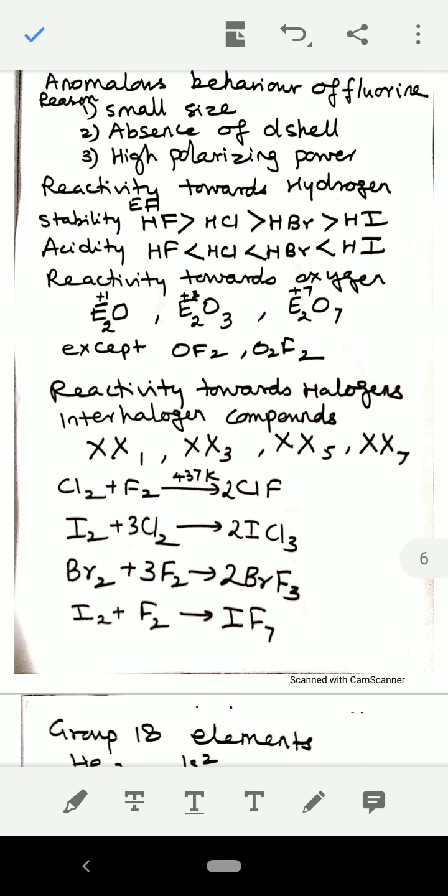Reactivity towards oxygen: the oxidation states are +1, +3 and +7. Reactivity towards halogens: they form interhalogen compounds XX1, XX3, XX5 and XX7, where X and X' are both halogens.